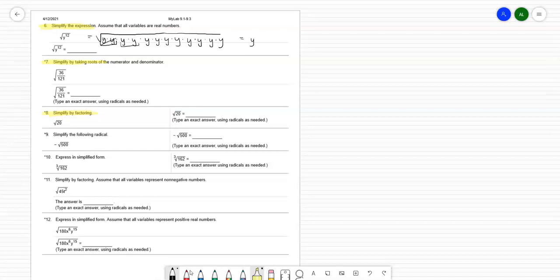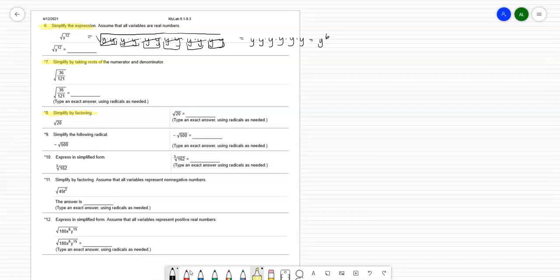I have another set of perfect squares, take that out. Another set, take that out. Another set, take that out. Another set comes out, and a last set of perfect squares of y's comes out. So I have 1, 2, 3, 4, 5, 6. I have a y to the 6th, which is the answer to the square root of y to the 12th.